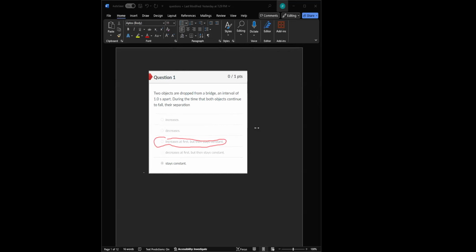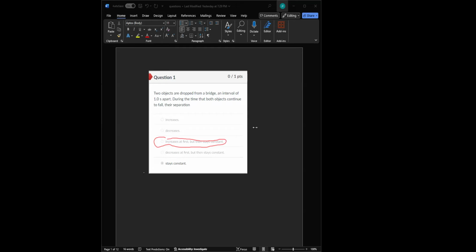Right. So it says two objects are dropped from a bridge in an interval of 1 second apart. During the time that both objects continue to fall, their separation... So you get to ignore that first second. And then, of course, the equation that tells you how far from where the object was let go is x equals 1/2 at squared plus v zero t plus x zero.